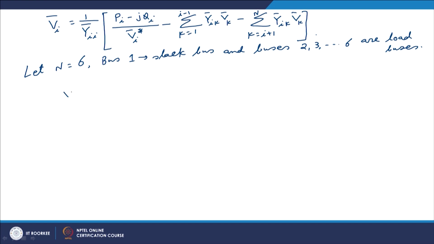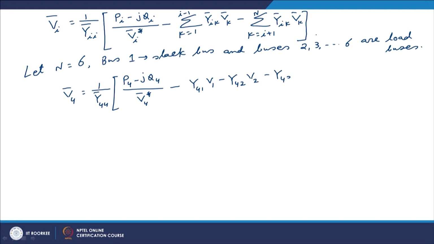In the original expression of V4, we can write 1 by Y44 times (P4 minus jQ4) by V4 star, then minus Y41 V1 minus Y42 V2 minus Y43 V3.